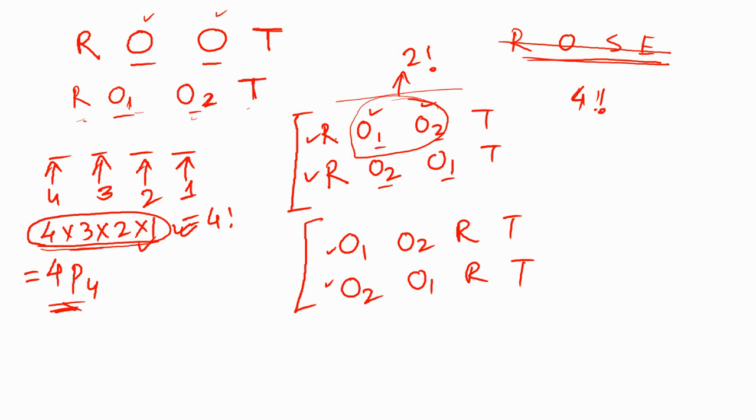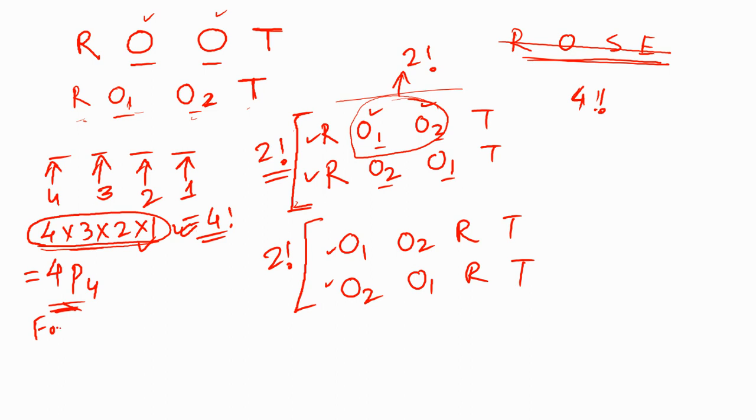For a particular scenario, R O1 O2 T, it can be R O2 O1 T. You see, two cases. So here we are getting 2 factorial, and here also 2 factorial. So for every 2 factorial cases like this, the total number of arrangements we are getting is 4 factorial.